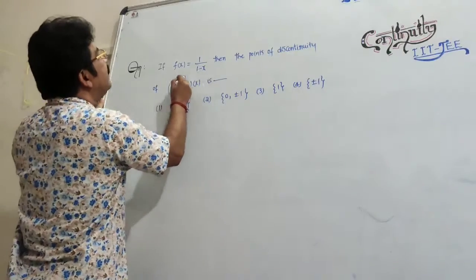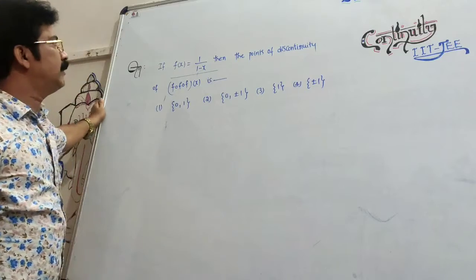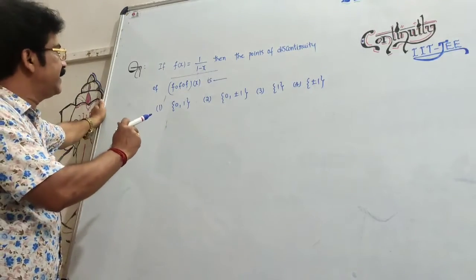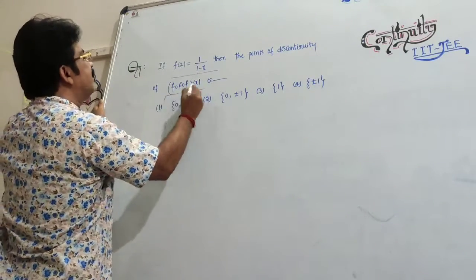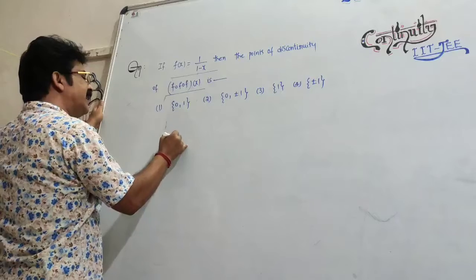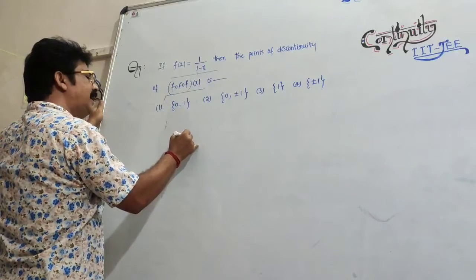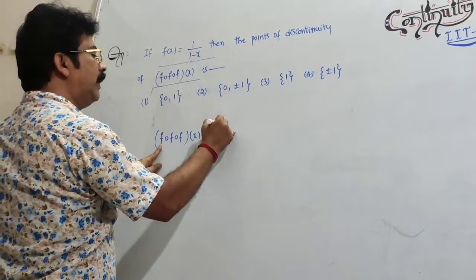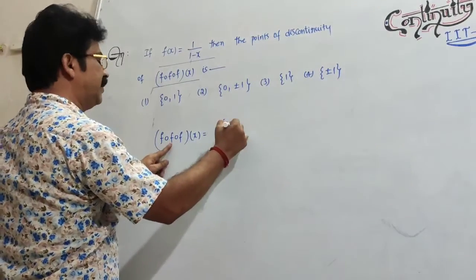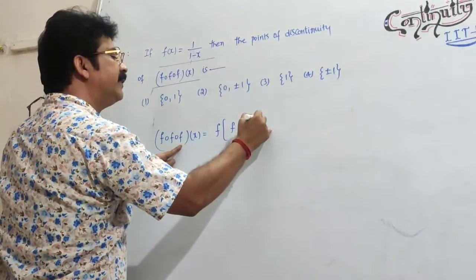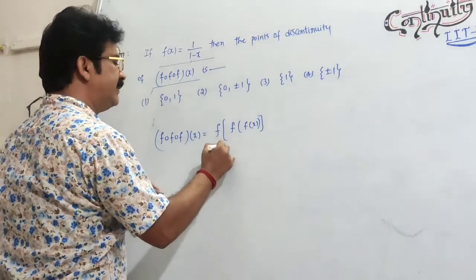It is discontinuous. Next question. f of x equal to 1 divided by 1 minus x. Find the points of discontinuity of the composite function f circle f of x. So first let us consider f circle f of x. That is equal to f circle f means one bracket, that's all, f of f of x. It is the complete meaning.